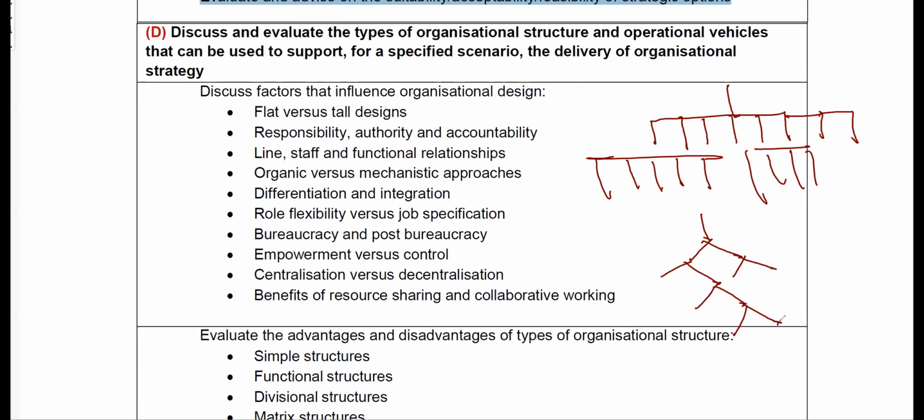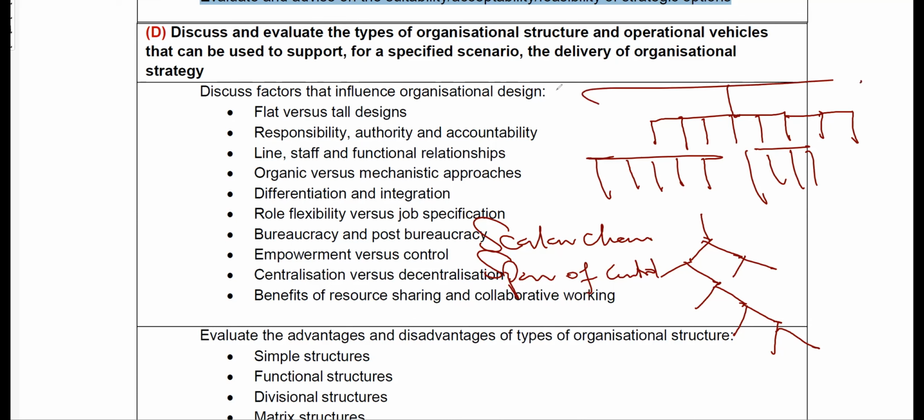Okay, so there's a narrow span of control, but a longer scalar chain. Scalar chain is simply the number of hierarchies, right? The number of chains. And narrow span of control is the number of employees directly under a manager. Okay, so that is it.